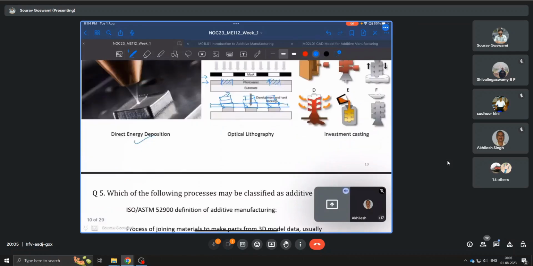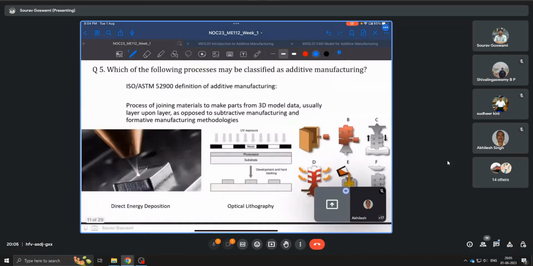Okay, maybe look at this definition. So this is from the ISO ASTM standard. It says that additive manufacturing is the process of joining materials to make parts from 3D model data, usually layer upon layer, as opposed to subtractive manufacturing and formative manufacturing methodologies.